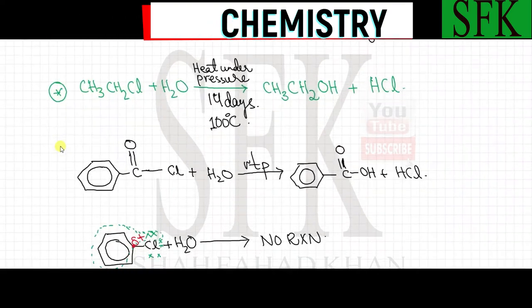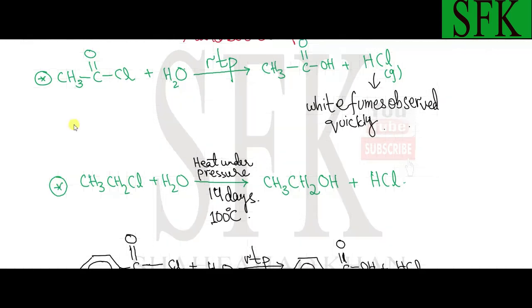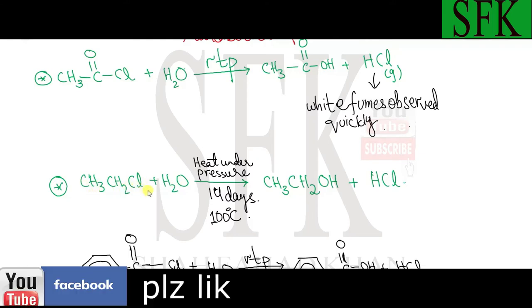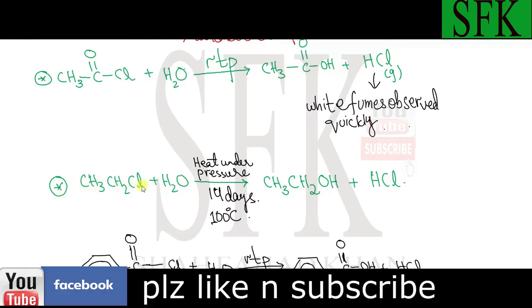Now let's talk about the same 2-carbon alkyl halide with water. Again, we've talked about this in quite detail in previous videos on alkyl halides. Basically, when the 2-carbon alkyl halide reacts with water, this nucleophilic substitution reaction takes place, and ethanol plus HCl are produced.